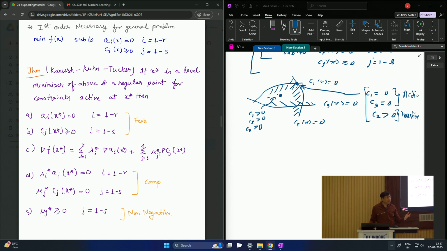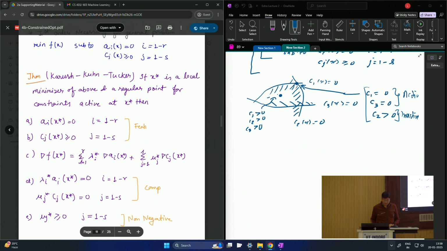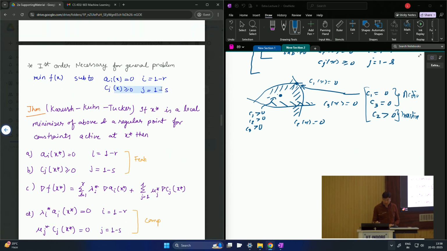So we're saying gradient of the function is equal to a linear combination of the equality constraints plus a linear combination of inequality constraints. The constants coming in front of the gradients of the equality constraints are Lagrange multipliers corresponding to the equality constraints, which are referred to as lambdas, lambda i's, because we are referring to i's as the equality constraints, and the j's are the inequality constraints, j going from 1 through s. So we are referring to them as mu j's. Is it making sense? This is i, this is j. So that's why lambda i and mu j.